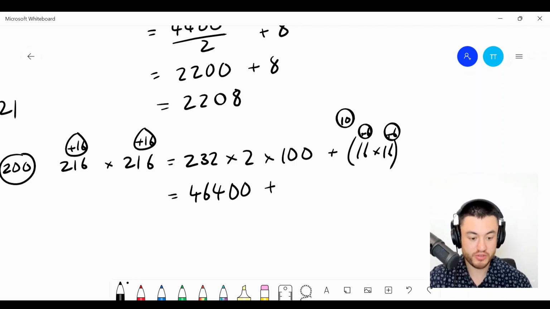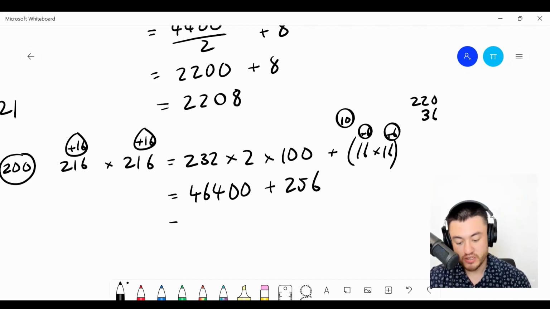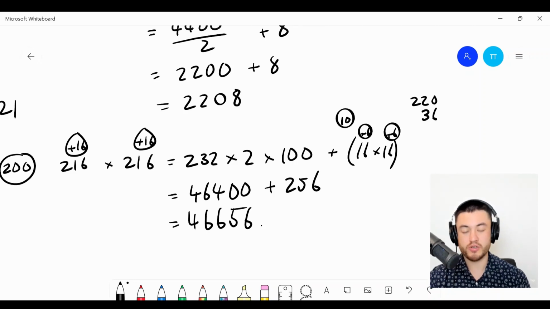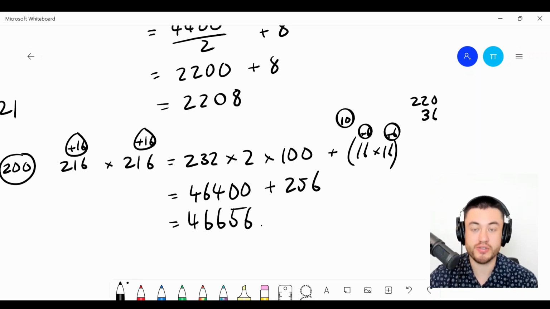So you'll have 220 plus 6 times 6, 36, 256. So it's just a matter of adding those two together at the end. So you would have 46,456. And likewise, you can extend 50 to 500 and do the same thing.